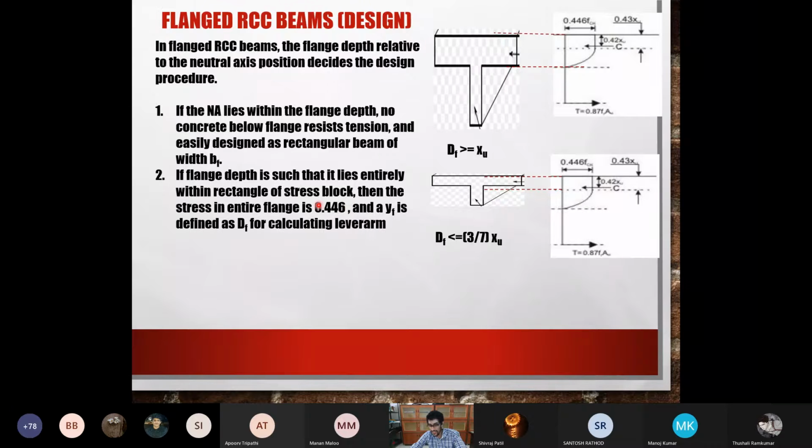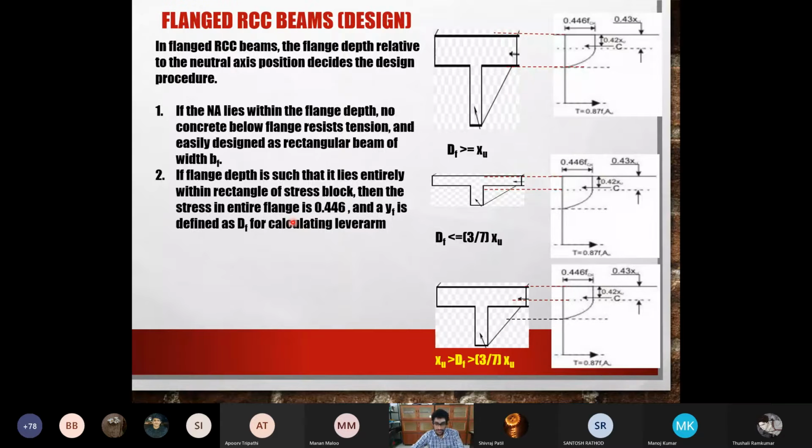I have missed out an FCK over here. And the lever arm, the distance to that, is defined as DF itself. I'll come to why I have used the term YF. You will know in point number 3. So we use this depth of the flange itself for calculating the lever arm. YF will be a bit confusing to you now, but when you look at point number 3, you'll know what YF is.